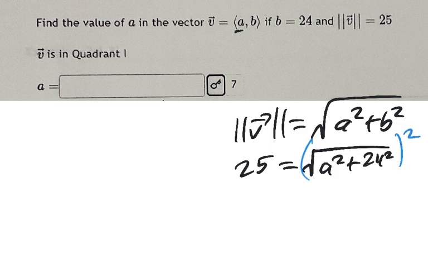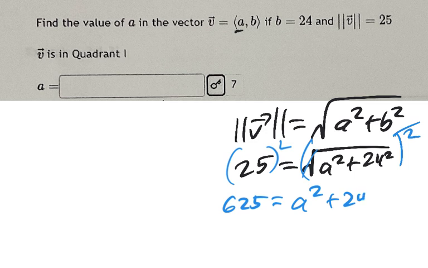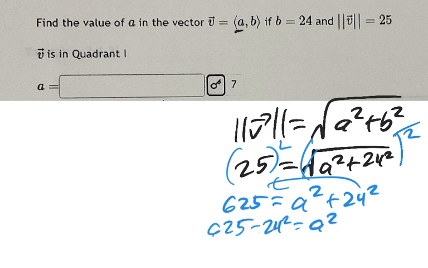Well, I need to square both sides. 25 squared is 625, and the square roots cancel, which leaves A squared plus 24 squared. Move the 24 squared over: 625 minus 24 squared equals A squared. Then take a square root of both sides. So A equals the square root of 625 minus 24 squared, which is 7. It's a 7, 24, 25 Pythagorean triple.